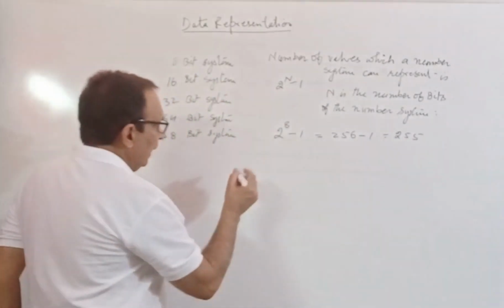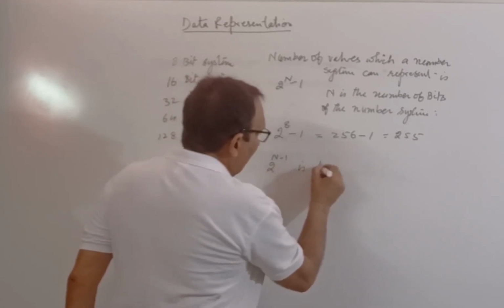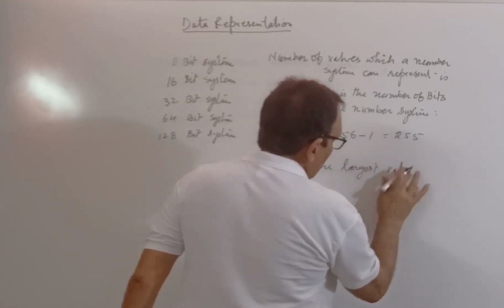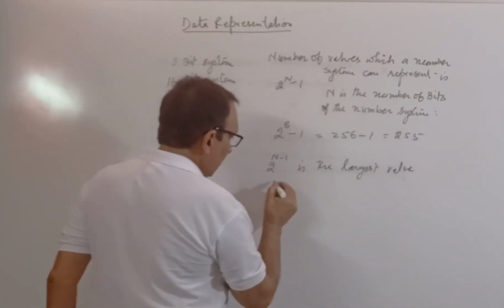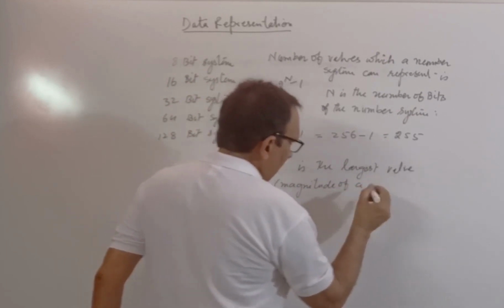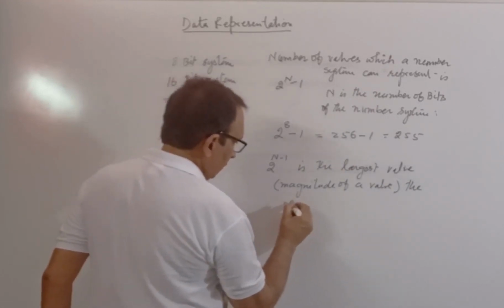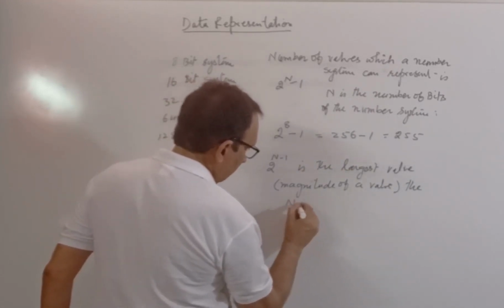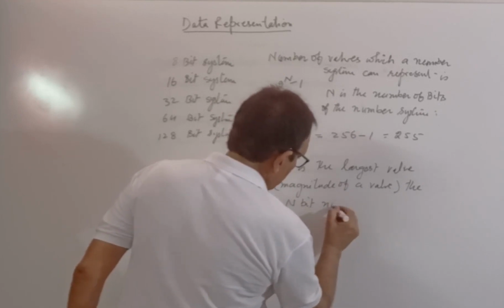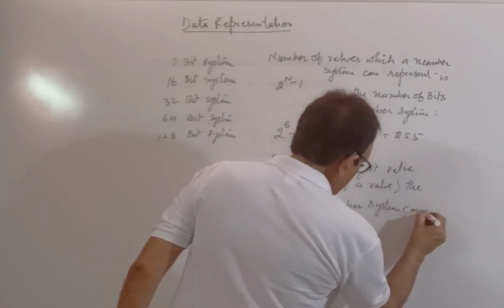Now, 2 raised to the power n minus 1 is the largest value, or you can say magnitude of a value, the n-bit number system can represent.